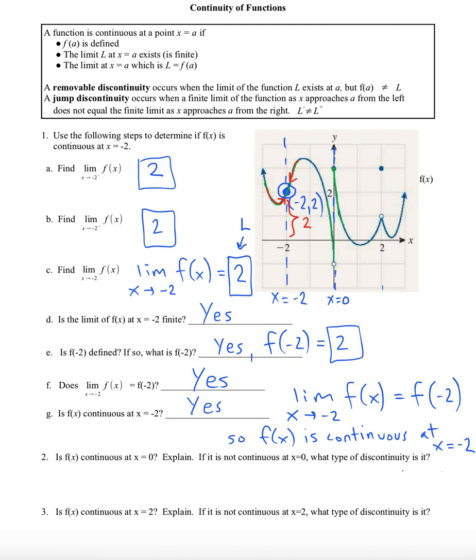But technically, why is that the case? Well, the limit as x approaches 0 from the left is -1. We're headed down toward a -1 on the left side. But the limit as x approaches 0 from the right side, that's headed toward an output of 3.